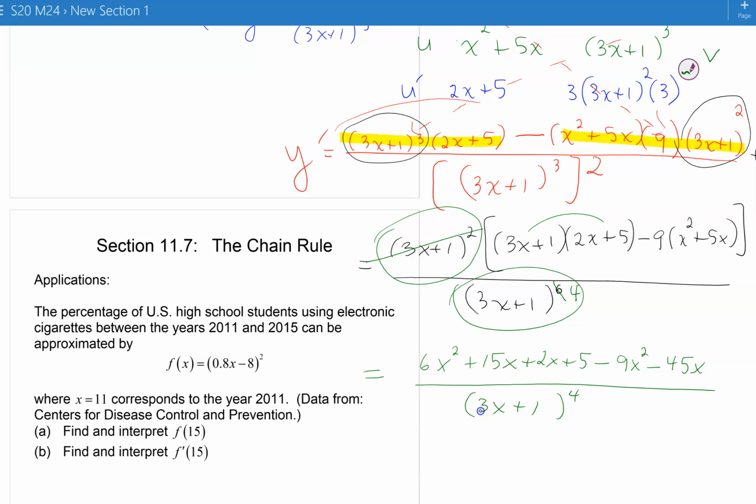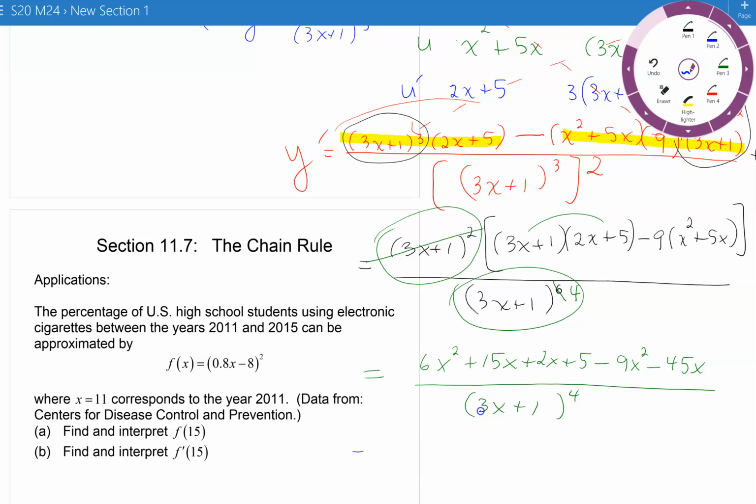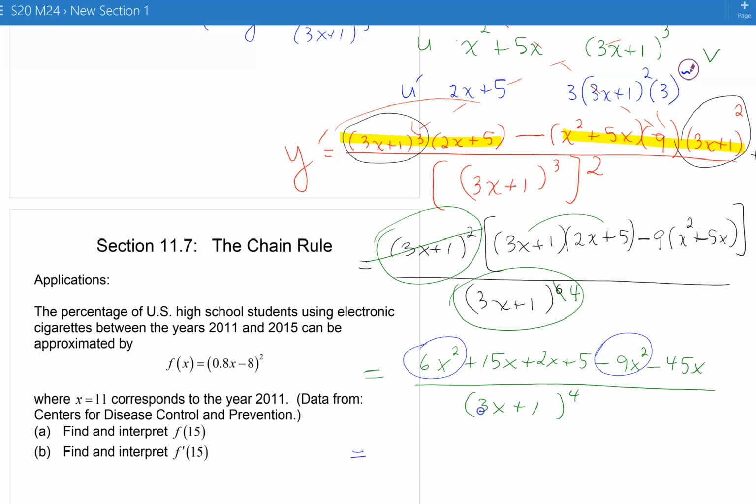We're almost there. So 6x squared minus 9x squared is minus 3x squared. 15x minus 45x would be negative 30x, but then it's plus 2, so negative 28x plus 5, over 3x plus 1 to the 4th power.